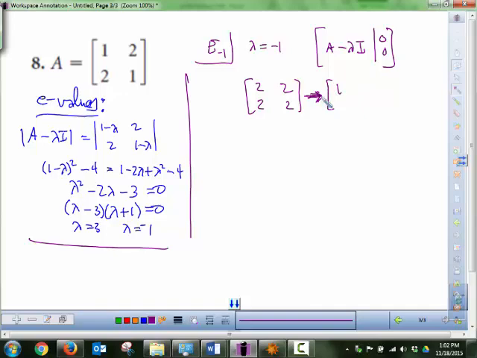So row reduce. I guess it doesn't matter if I put 1, 1 or 2, 2, but it'll wipe out the whole bottom, which is what we would expect to happen. Then we let the last variable be equal to some free variable parameter t, and then we can solve for x. 2x plus 2y is equal to 0. So replace y with t and then divide by 2, so x is equal to negative t, right?